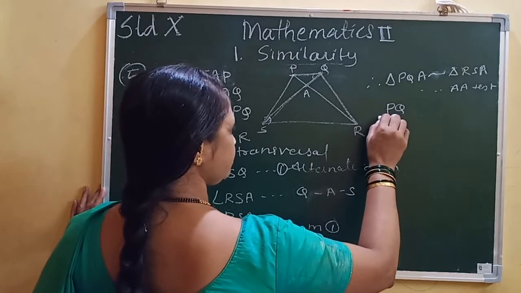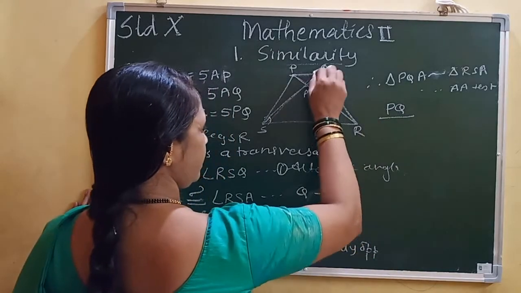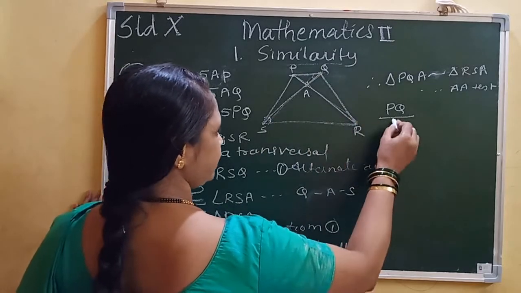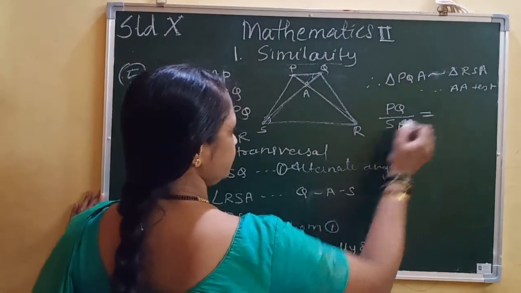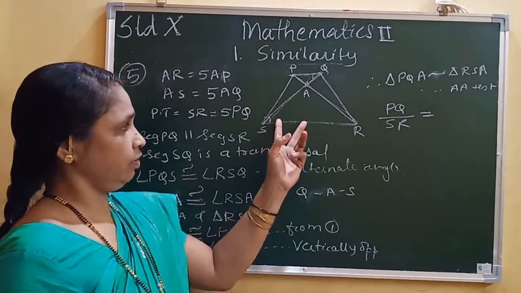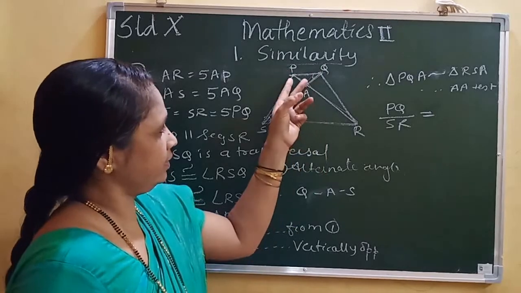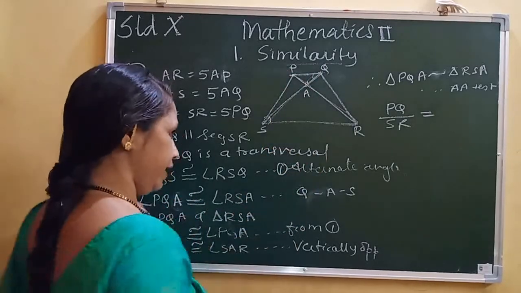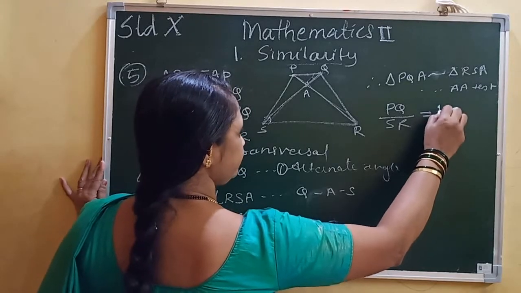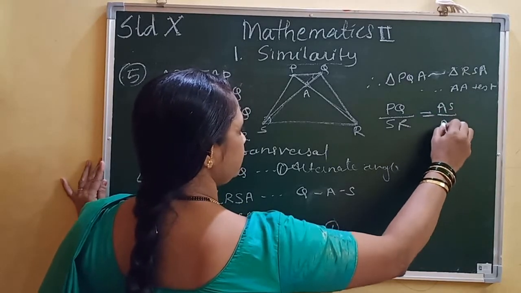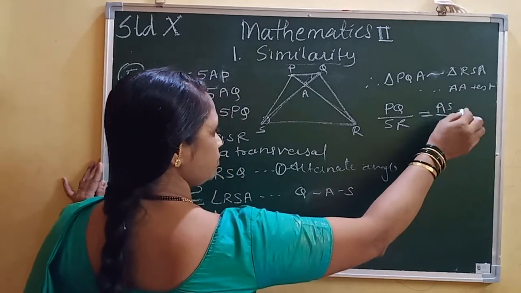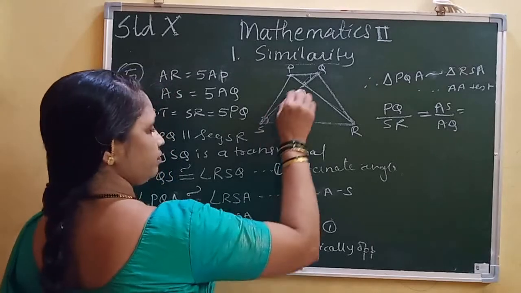PQ and this. Okay, PQ upon SR is equal to PQ upon SR and PA upon AR. Okay, PQ I can write AS upon AQ is equal to, bigger I have written.